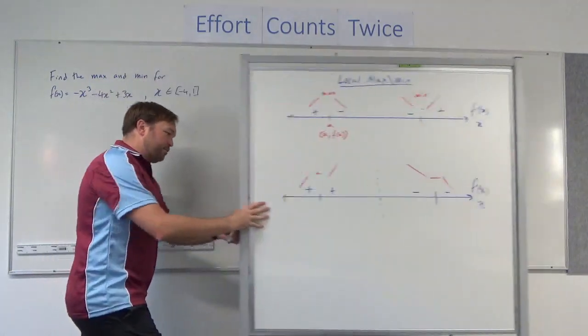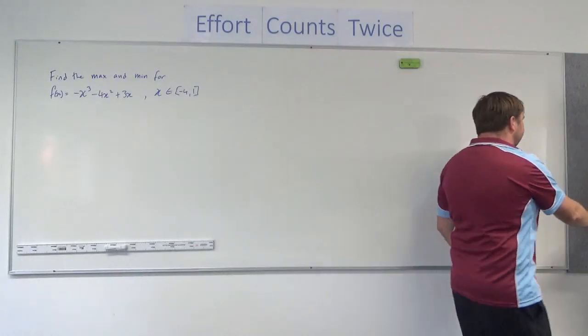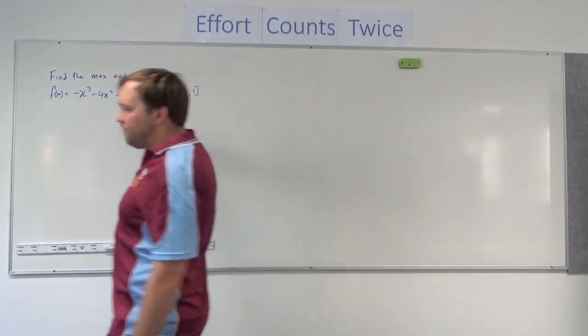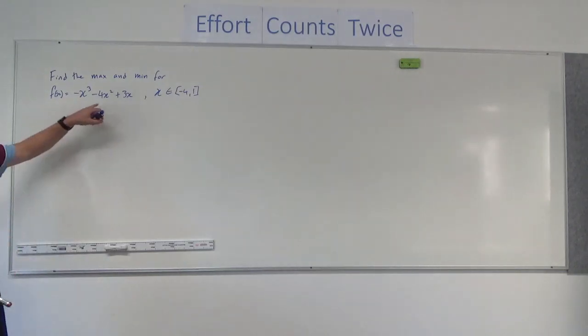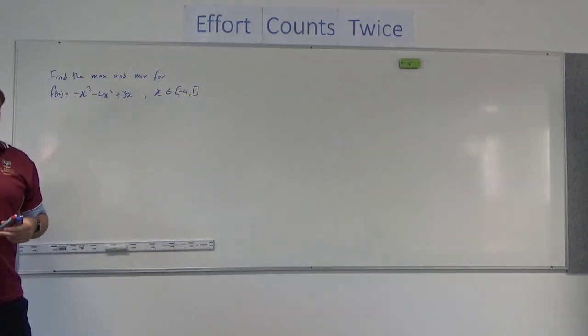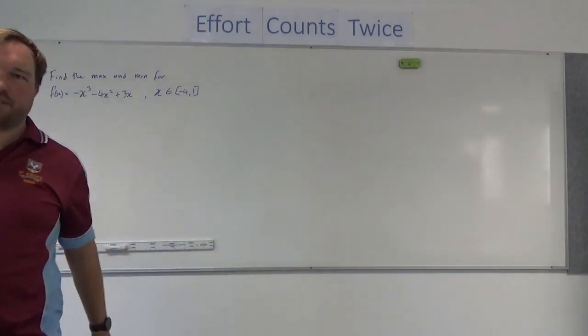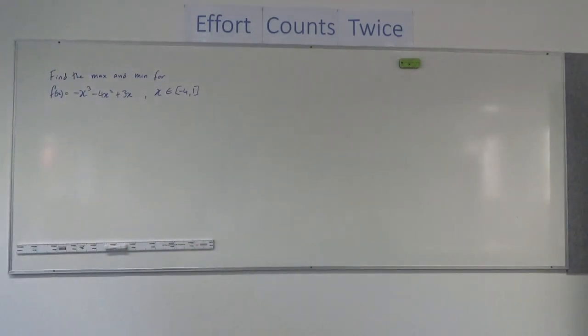So our example, to start us off, is going to be this. Find the max and min for this function. Now, the wording here is important. I'm just going to check the camera's actually got that on screen. We're good. The wording here is important.